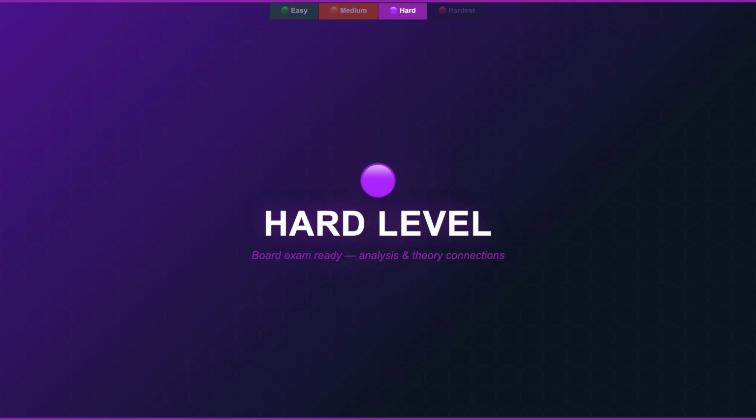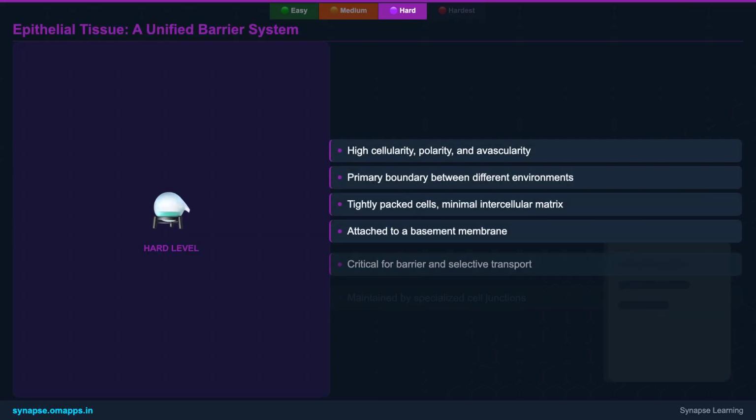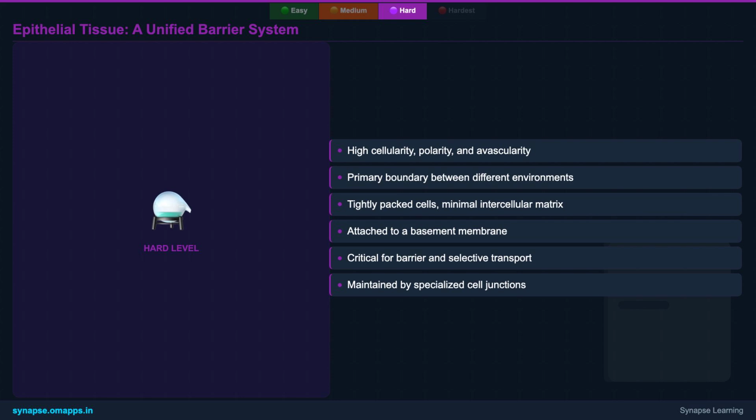Let's explore the intricate structures that make epithelial tissues so incredibly effective at their jobs. Epithelial tissues are not just collections of cells, they are highly organized, unified systems. Their cellularity, meaning a high density of cells, combined with their distinct polarity, having a top, bottom, and sides, and avascularity, meaning they lack direct blood supply, are all key to their function.